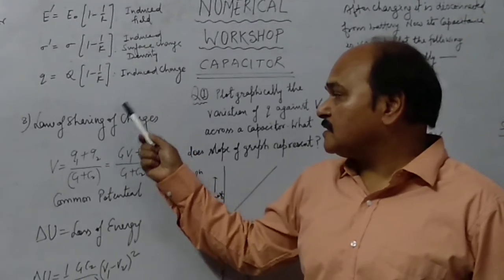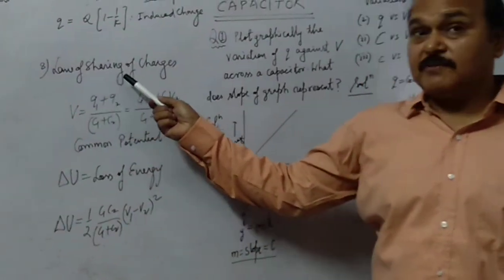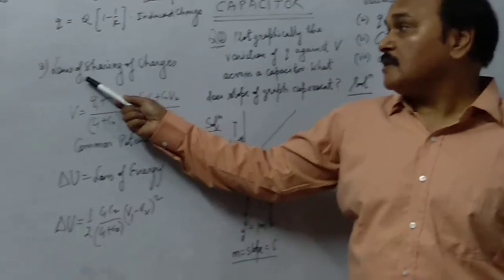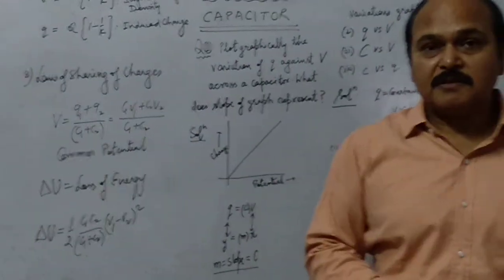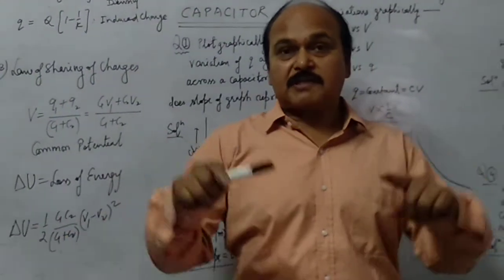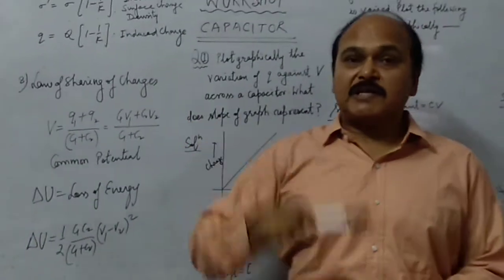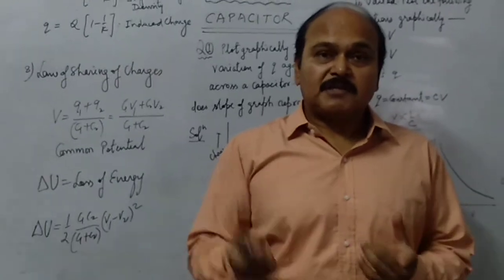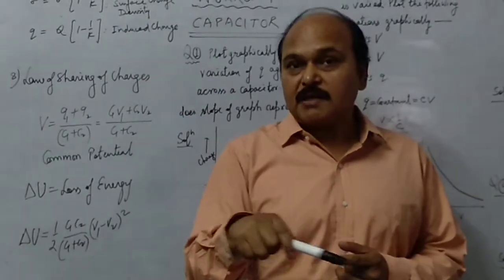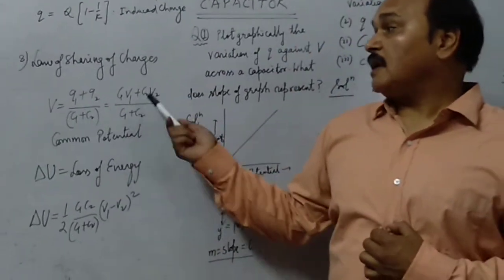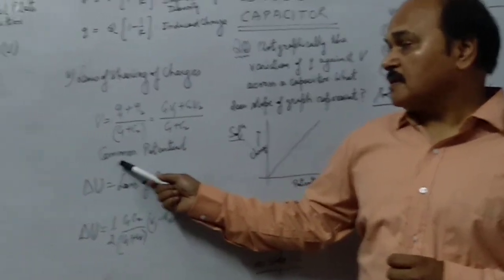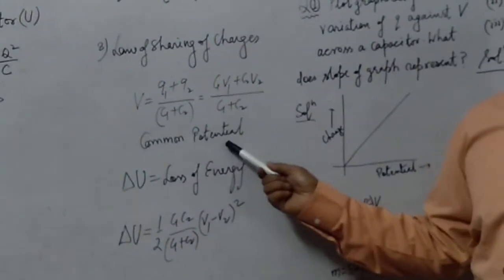And the last and very important concept which we studied in the chapter Capacitor was the law of sharing of charges. When two conductors or capacitors are connected to each other, they have different potentials. Then the charge moves from one conductor to another, and the flow continues until both the conductors acquire the same value of potential, which is called common potential.